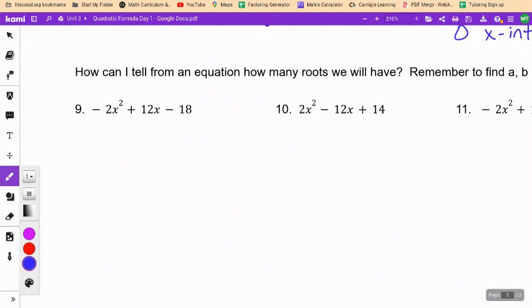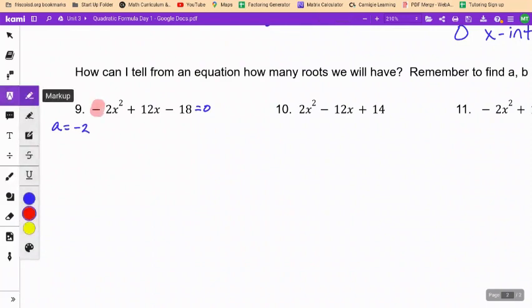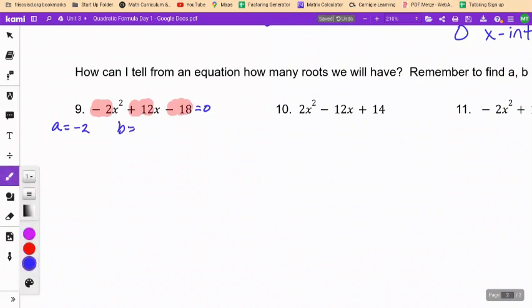So again, anytime we're using a quadratic, it does help if it's set equal to 0. I didn't put it here, but all I need to do is figure out what is A. A is -2, right? It's just these numbers right here. B is 12, and C is -18. I'm going to do that for number 10 and 11 right now.